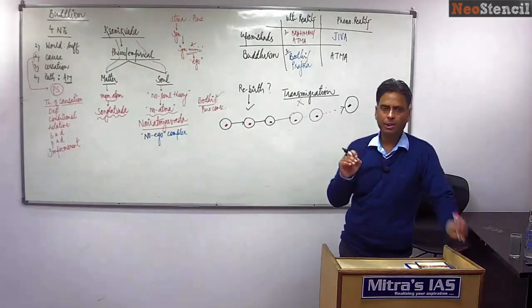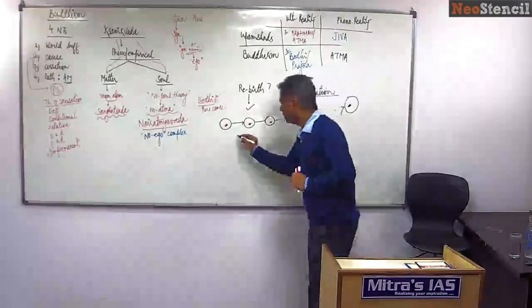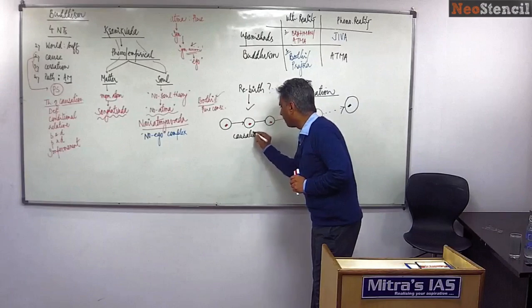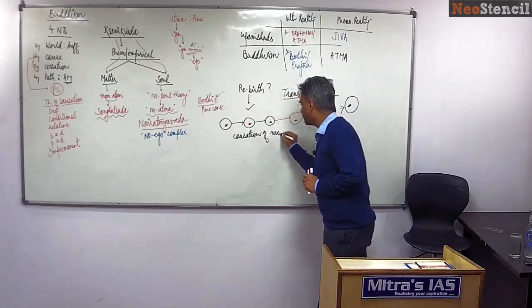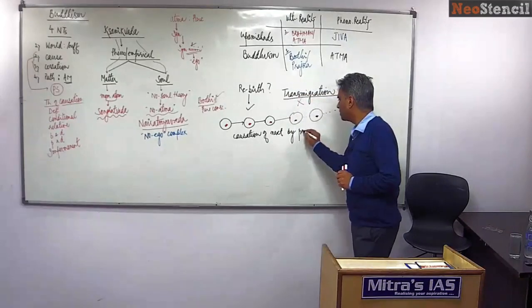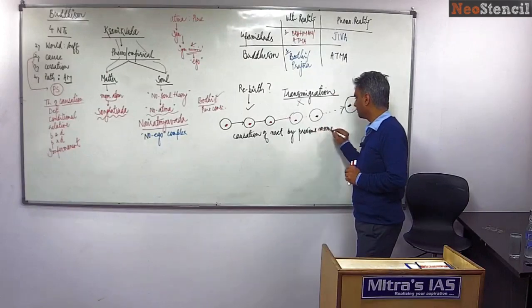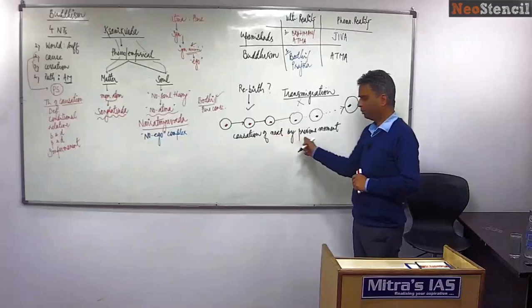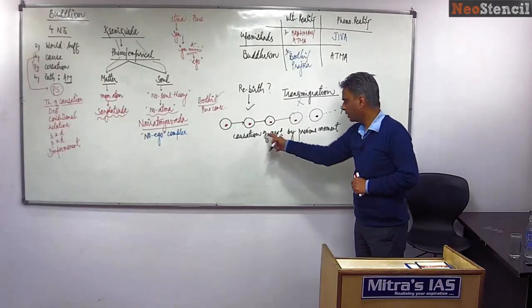Then you should answer that rebirth in Buddhist philosophy is nothing but possession of next birth by the previous movement. And this is nothing but possession of next by the previous movement.